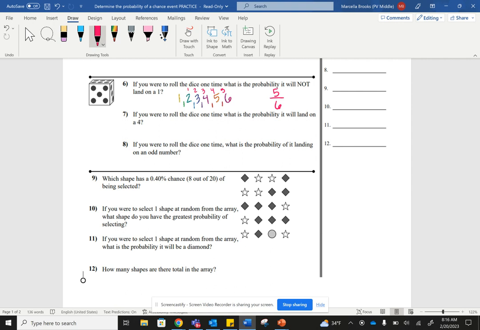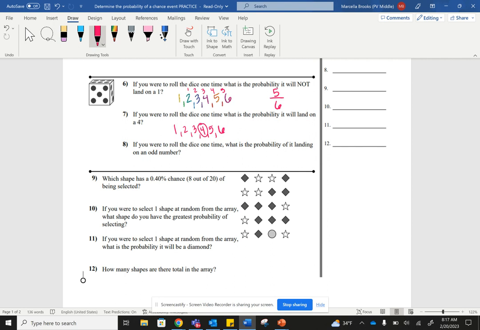Number 7. If you were to roll the dice one time, what is the probability it will land on a 4? So again, write out your sample space. These are all the possible rolls you could get. What's the probability that it would land on a 4? There's only one 4. So what's the probability out of how many total possible outcomes? Number 8.